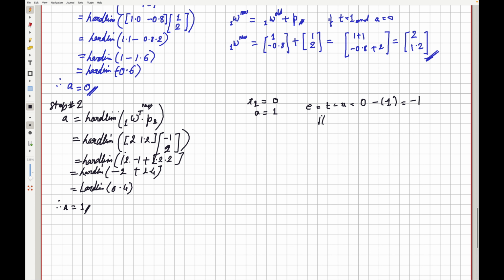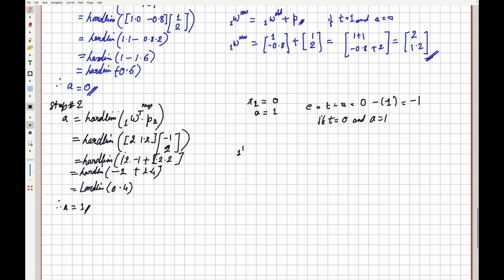So what this tells us is, if t is equal to 0 and a is equal to 1, we subtract the value of p2 from the weight vector. So let me just rewrite this part.